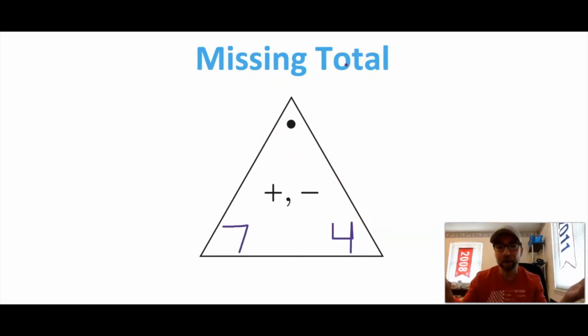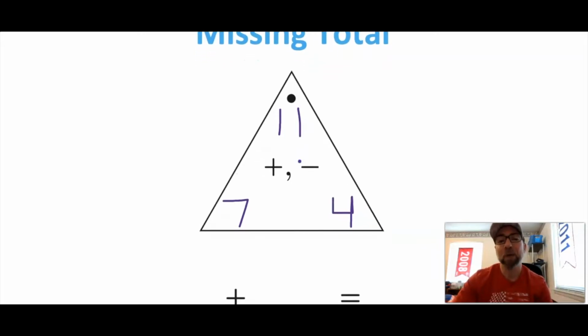It's not there. We have to figure it out. Well, part, part, total. So we have to add up 7 plus 4 more. 7 in my head, 8, 9, 10, 11. So we can find our missing total and write it on our sheet protector.